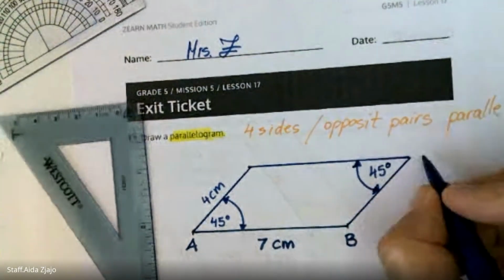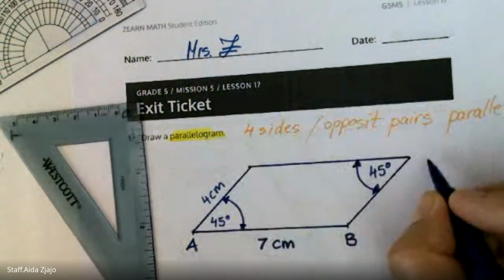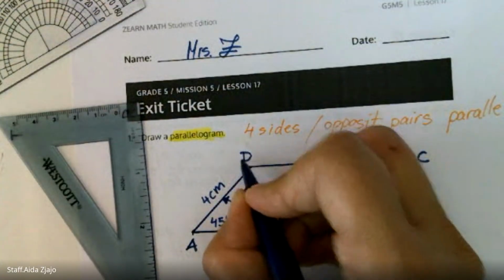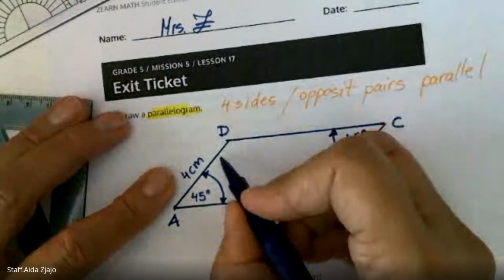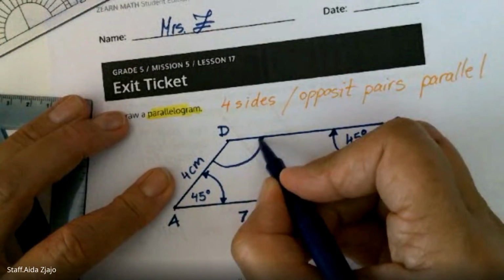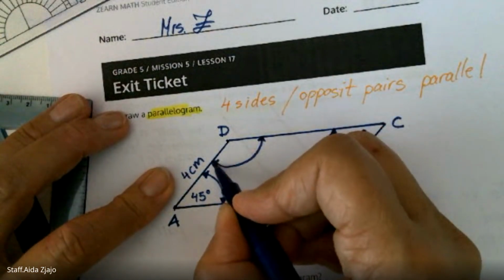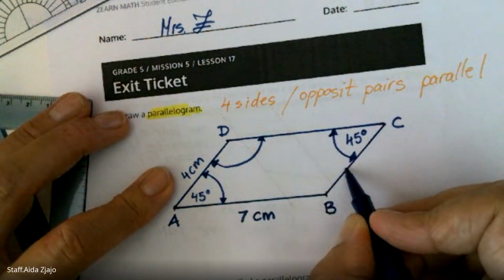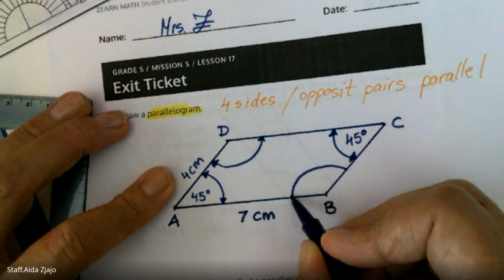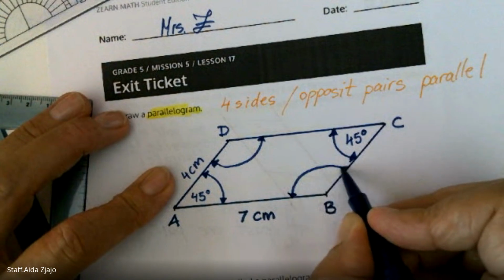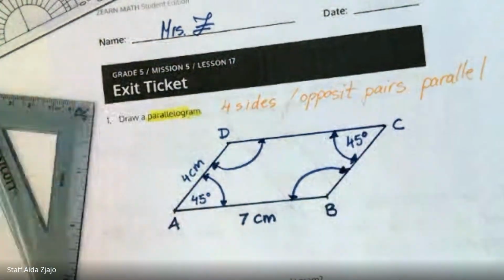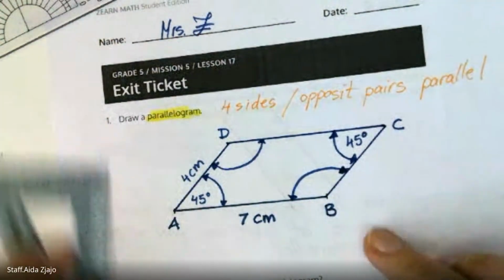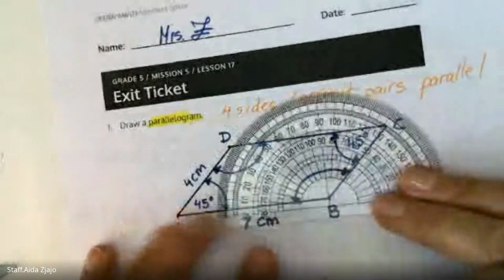So I will go around A, B, C, D. So now you will know this one is congruent to this. Opposite angles are congruent. So, oops, messed up here. So if I know one, I will know the other one as well.